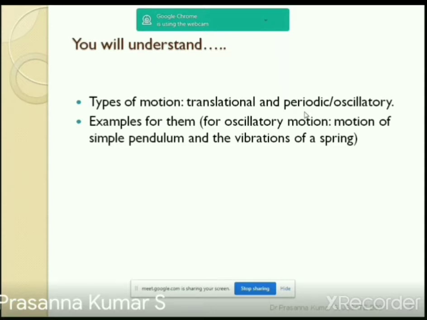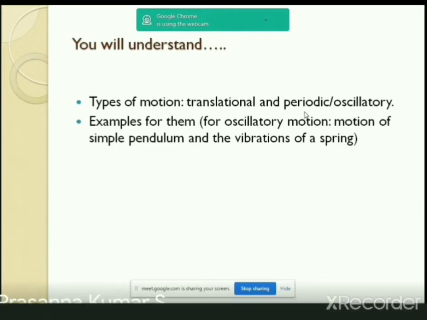What is in the periodic motion? There is something that changes periodically. Maybe it is amplitude, frequency, whatever it is. So the quantity changes periodically with time. Okay. So such motions are periodic. There is a slight difference between periodic and oscillatory. We'll be able to understand it in the coming slides.